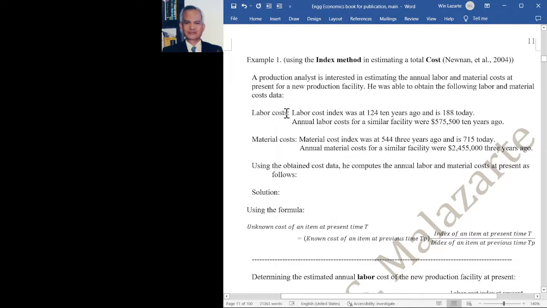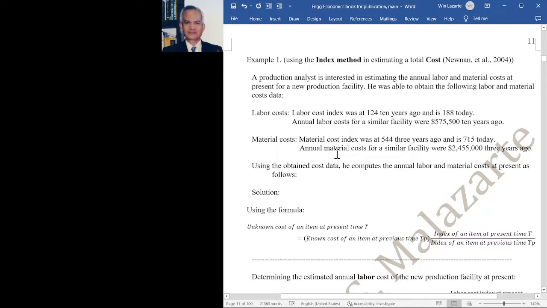For the labor costs, the labor cost index was at 124 10 years ago and is 188 today. And the annual labor costs for a similar facility were $575,500 10 years ago. For the material costs, the material cost index was at 544 3 years ago and is 715 today.